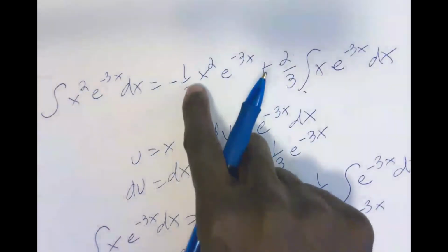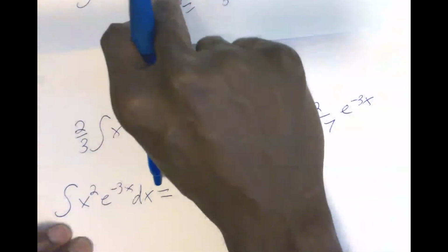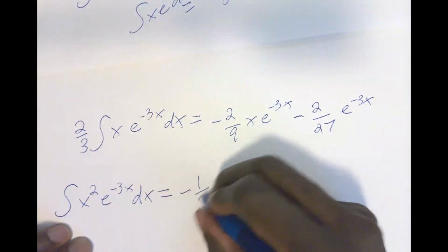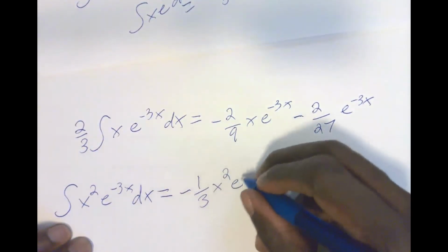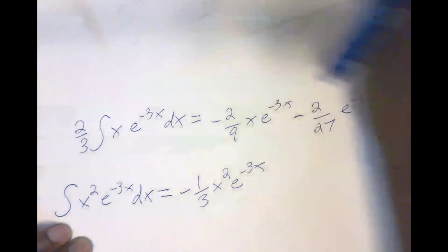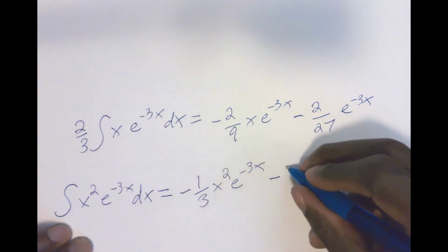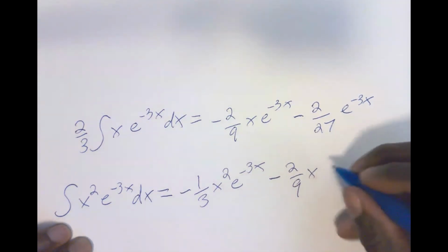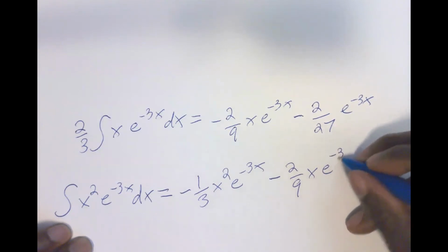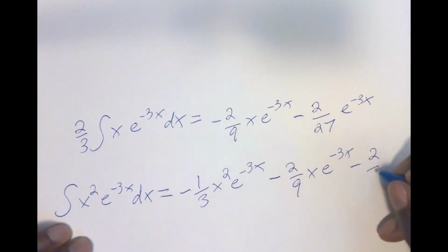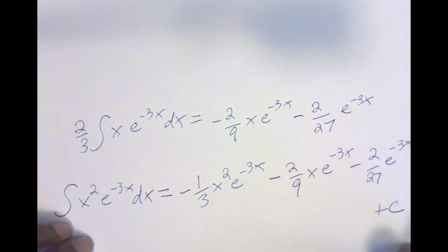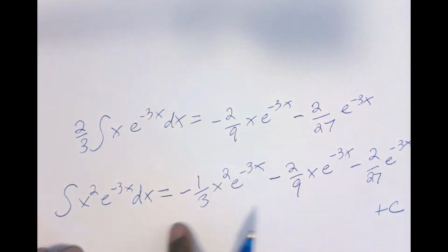And again, that's negative 1/3 x squared e to the negative 3x, and then it's just this junk here, minus 2/9 x times e to the negative 3x minus 2/27 e to the negative 3x plus some constant. All right, so that is the answer to this integral.